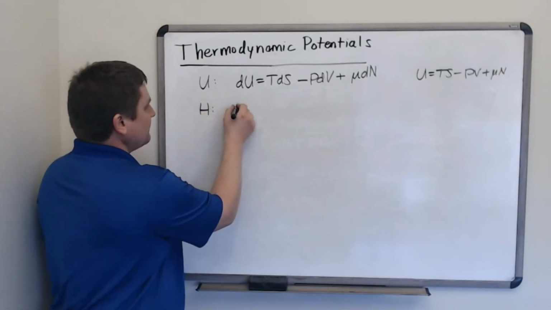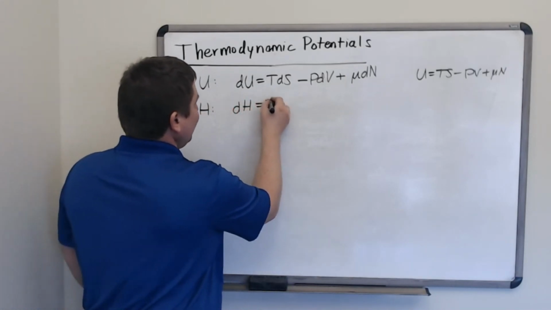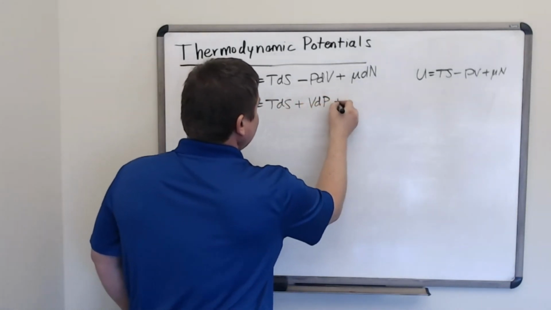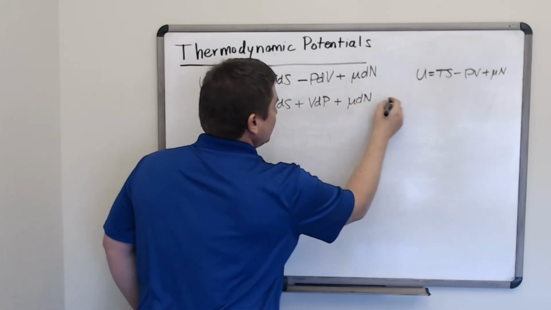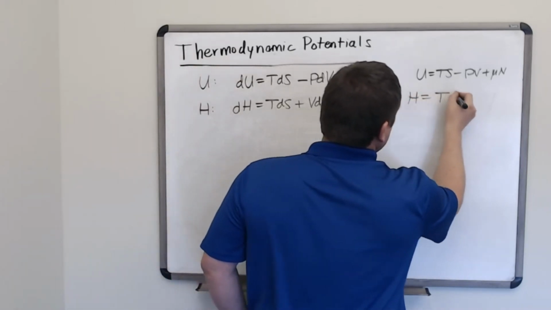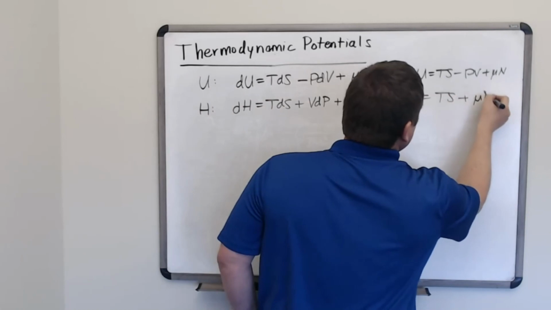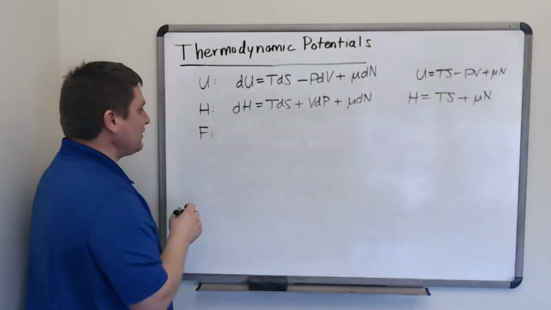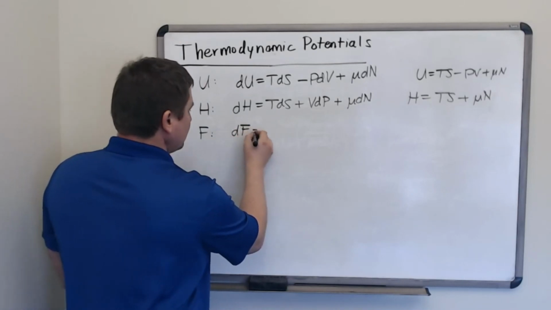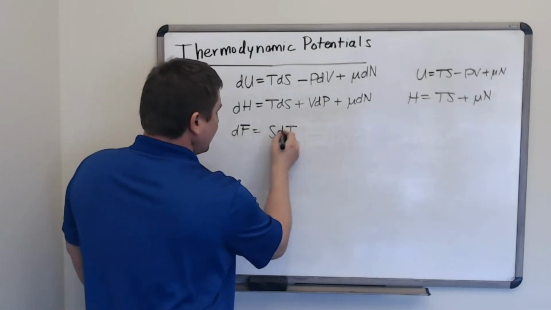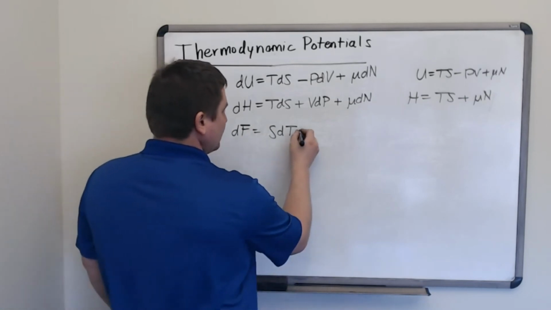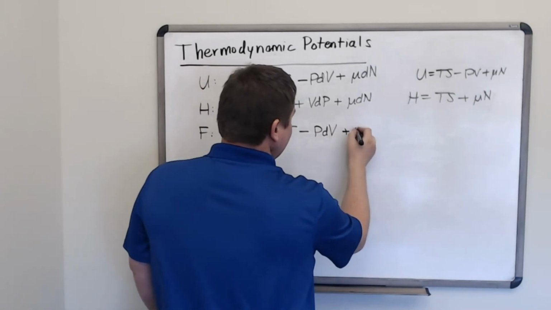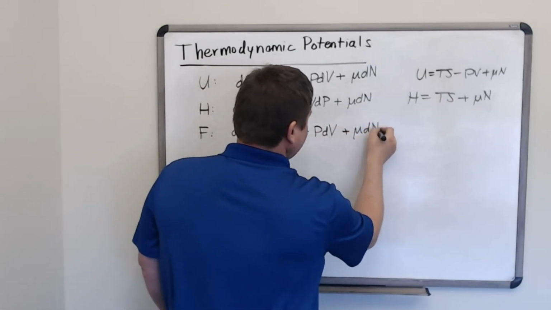The enthalpy remains the same except for the switch to pressure plus VdP, and is equal to TS plus mu N. The Helmholtz free energy F switches the temperature as its natural variable, but stays with volume and particle number.